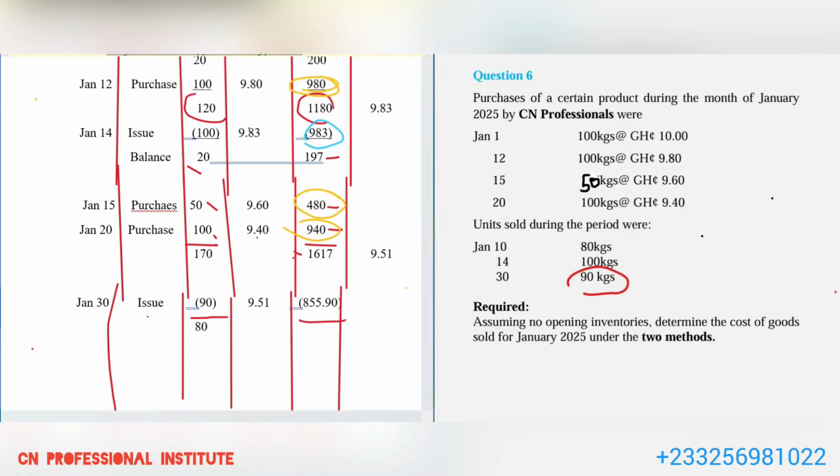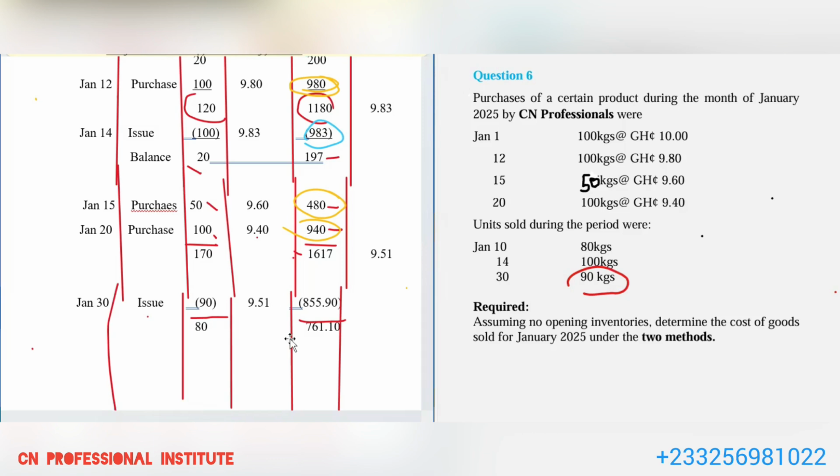Pick your 1617 minus this 855.90, and that should give us 761.10, which is the same as the 80 at 9.51, right? Should give us the same answer or something close because of the roundings, right?